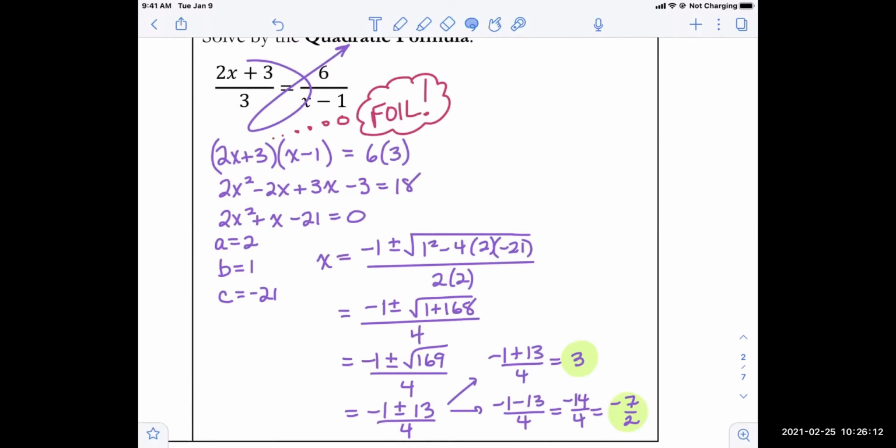In the end, again, make sure that you realize 169 is a perfect square, and then you actually do the plus and the minus and get your 2 rational numbers there. So don't stop at -1 plus or minus 13 over 4, because you're able to actually add and subtract -1 with 13. If that was a square root of 13, you would just leave it. But because the radical disappeared, since this is a perfect square, that means you're able to simplify. Any questions on that one?